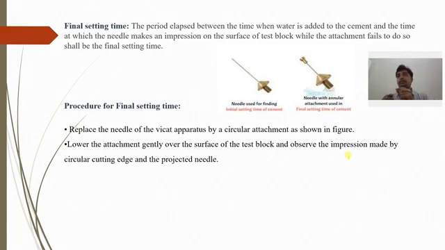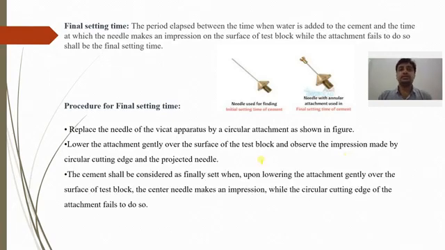I repeat again, when you add the water mass and the circular needle fails to mark the mold, this time is known as the final setting time. Clear? The cement shall be considered finally set when, upon lowering the attachment gently over the surface of the test block, the needle makes an impression while the circular cutting edge of the attachment fails to do so.